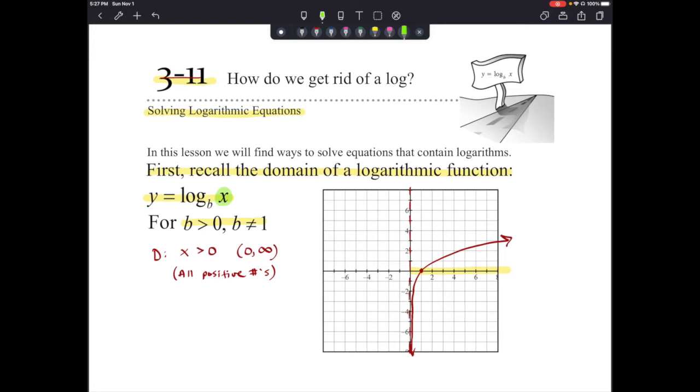X must be a positive number. That makes sense though, right? Because if we took our base b and raised it to the power of y, b is only going to be positive numbers. So if you take a positive number and multiply or divide it by itself over and over again, it's still going to be a positive answer. So we will never have a negative value right here. That is important to know.